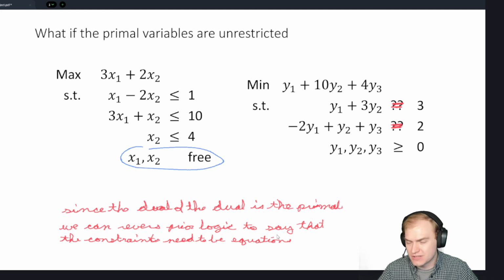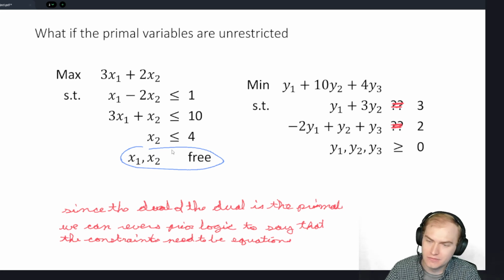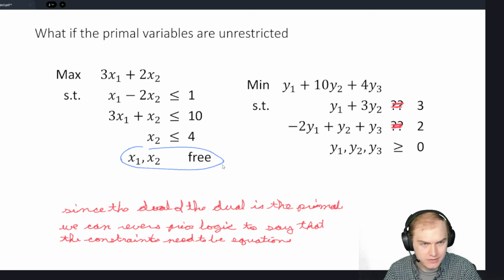And in fact, we can do the same thing for non-negative and non-positive variables in the primal to tell us what direction our constraints should be in the dual.